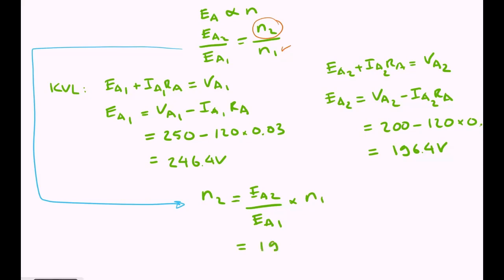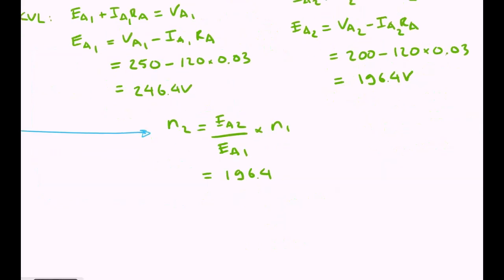Then we can fit the values: 196.4 over 246.4 times 1103, and this gives us 879 RPM for the new speed. Thank you.